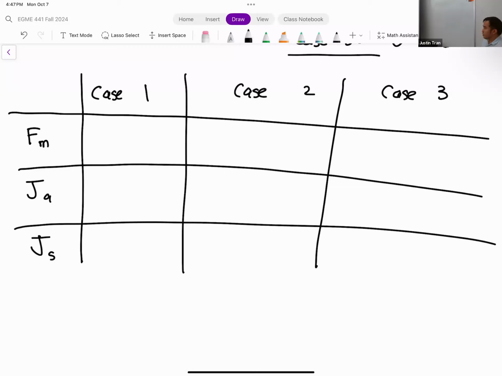Let's do case one first. Plugging in all the numbers that we have, all the results that we get are going to be relative to the person's body weight. For case one, for FM, we get 0.21 W for the muscle force. For the joint reaction force, we have 0.74 W. And the shearing force is not quite zero, but it's very close.